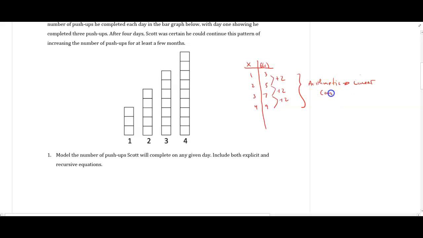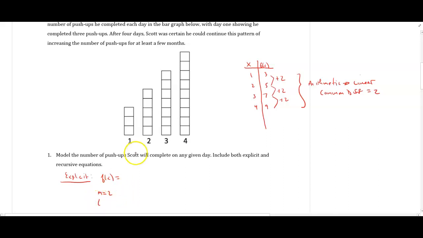So this right away tells us one, it's arithmetic, which means the function is linear, and that the common difference is 2. So right away, when we go to write the explicit rule, which is probably the most important out of all of them, f of x equals my slope, or rate of change, is the common difference, so it's 2.